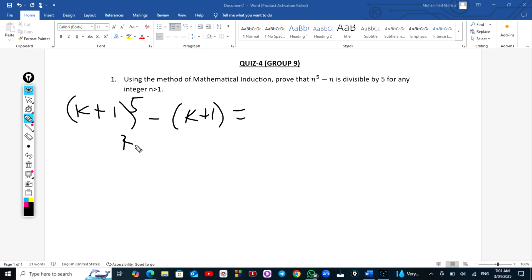First we'll use the binomial expansion, then the next one we will have to factor k plus 1 out and use factorization to expand.